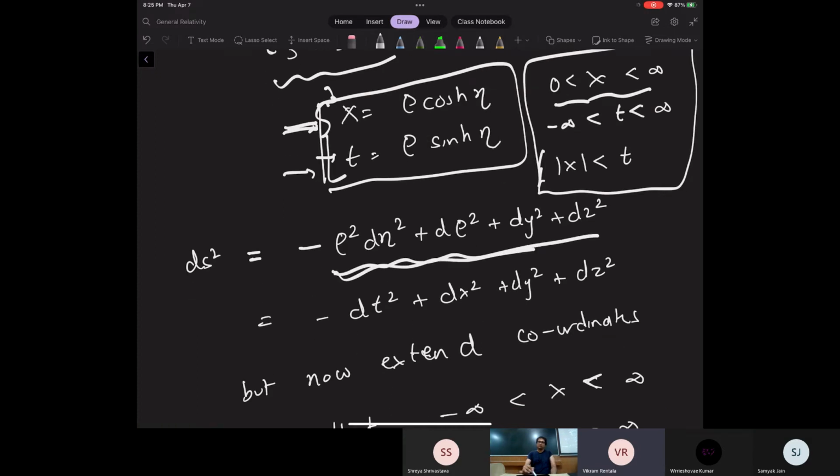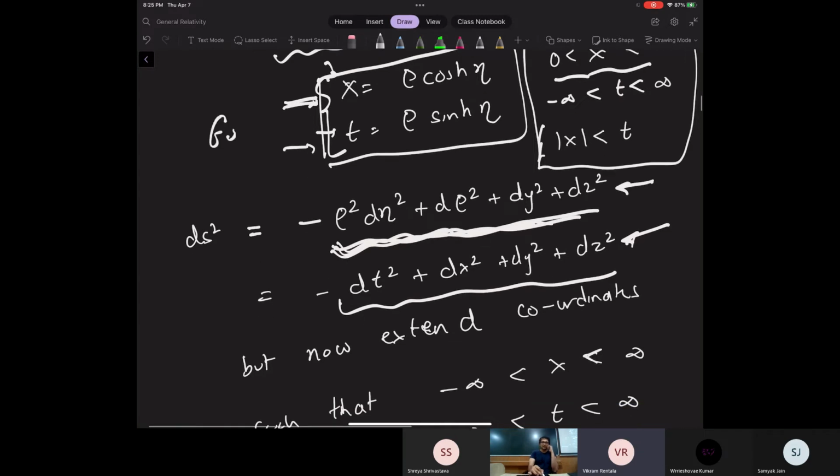Well, if I convert my metric, or my space-time line element, from this to these x, y, z, t coordinates, I will get something that's very regular. Okay, it doesn't have any singularities, and this seems like it can be extended for large x, large t, large y, large z. So if I somehow guessed the correct dictionary that puts the metric in a very nice form like this, then I could guess that I can extend my coordinates.